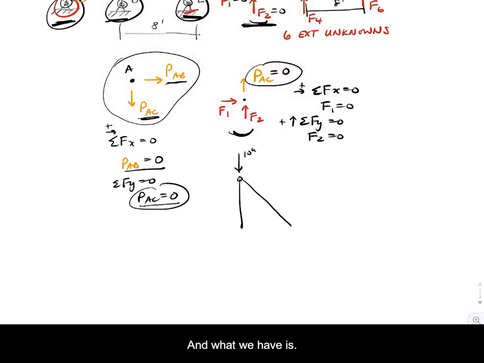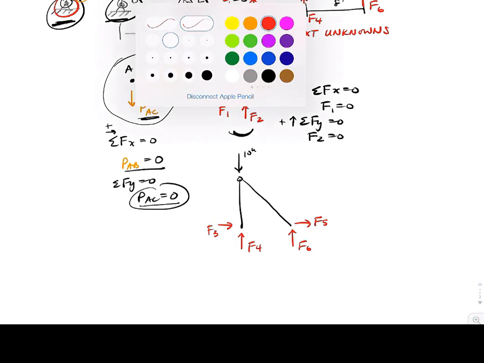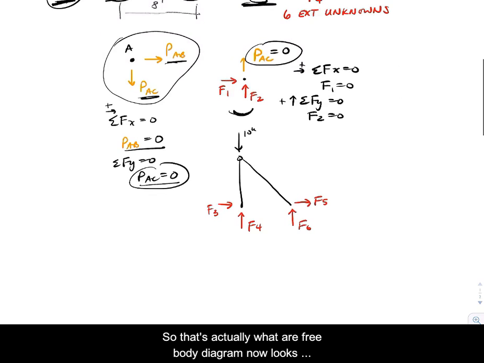And what we have is F3, F4, F5, and F6. So that's actually what our free body diagram now looks like. So although we're still externally indeterminate, we can use this to solve for some of the unknowns.